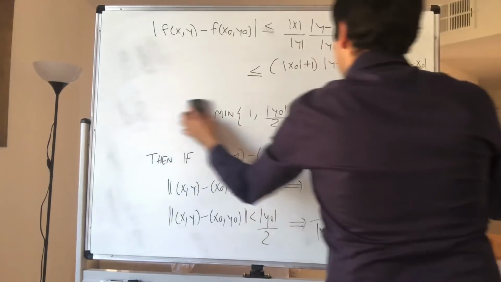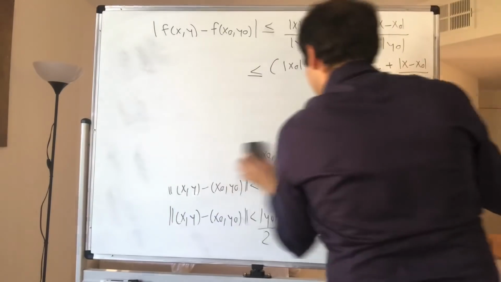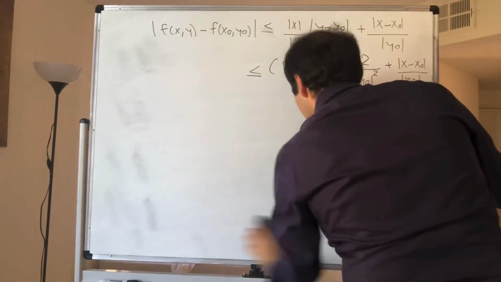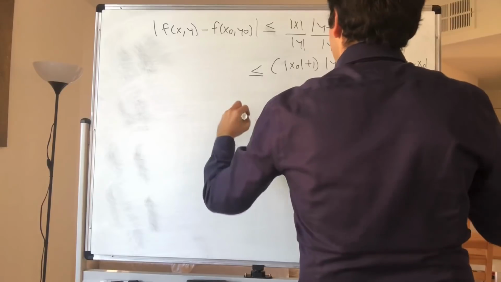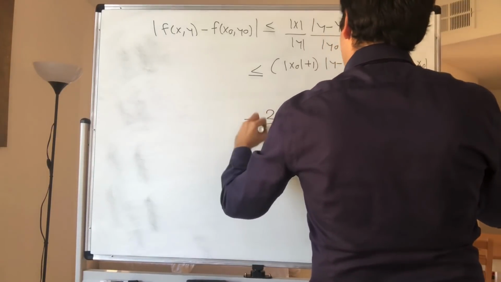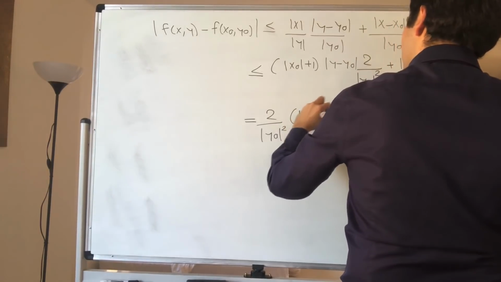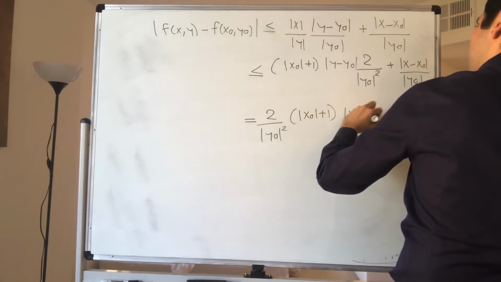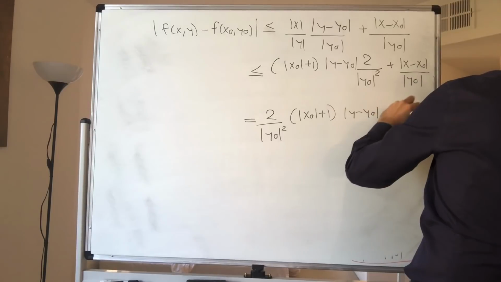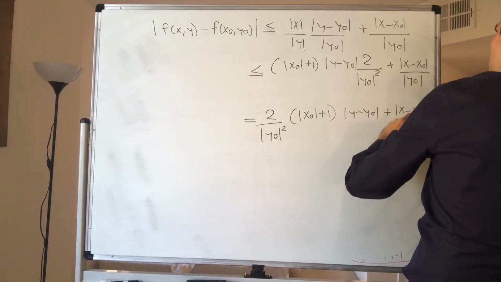So that is less than 2 over y naught squared times |x naught| plus 1 times |y minus y naught|, plus |x minus x naught| over |y naught|.